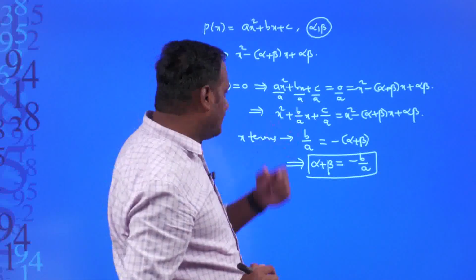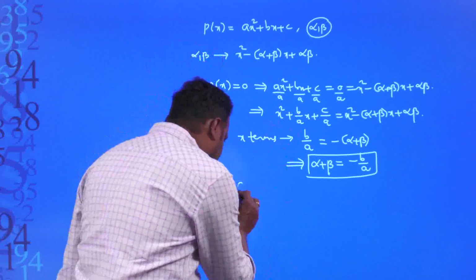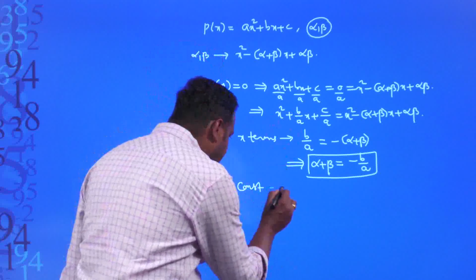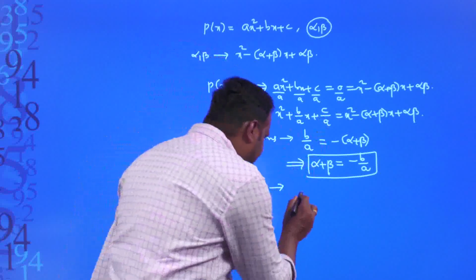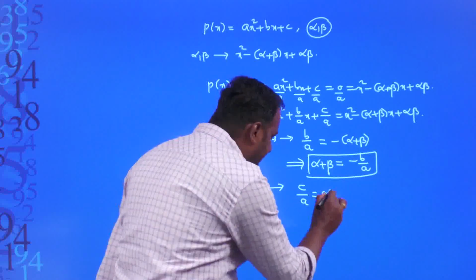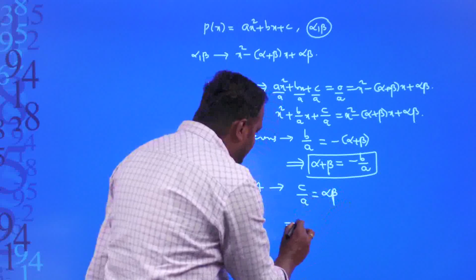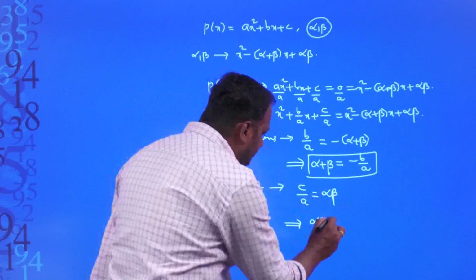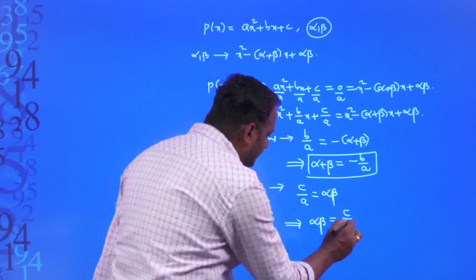Now comparing constants. Here the constant is c divided by a, there the constant is alpha into beta. So what does this mean? The product of zeros alpha into beta is going to be c divided by a.